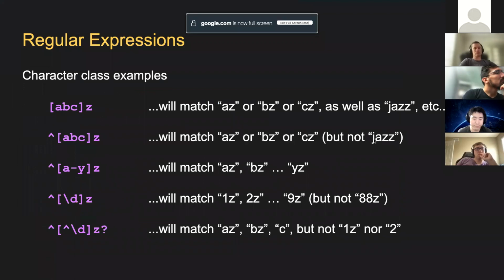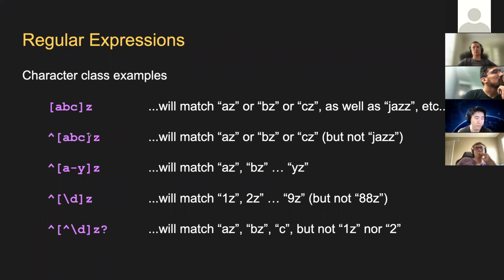In this case, jazz will not match, because this is saying you must start at the line, have an A, B, or C immediately after the start of the line, and then a Z. So the J will break this pattern. There's an imaginary start of line here, then it's checking, do we have an A, B, or C immediately after that start of line character? We get a J, so the pattern fails.